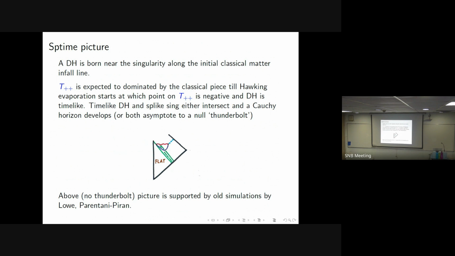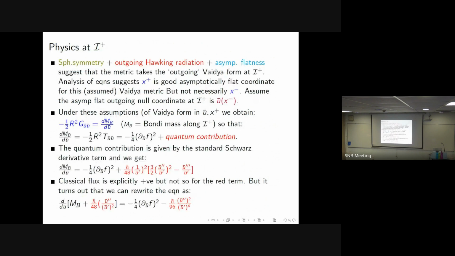You have already fixed a conformal chart, x plus and x minus, but this x minus is not necessarily an asymptotically flat coordinate. You don't know what U bar is without actually solving all the equations, but you can certainly say that whatever U bar is, the semi-classical Einstein equations tell you that there is this balance.